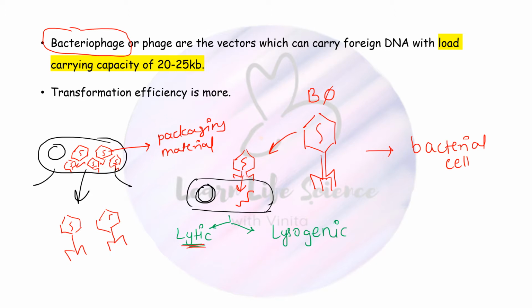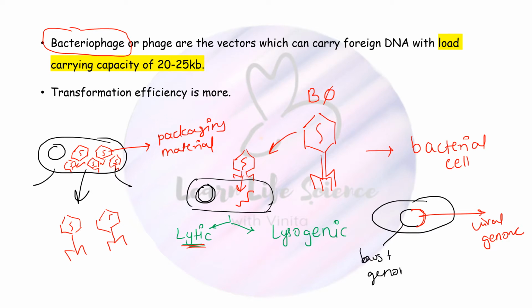What happens in the lysogenic pathway? There is integration of the viral genome into the host genome. The red color one is the viral genome. It gets integrated in the host, that is the bacterial genome. The reason for this integration is that when the area surrounding the viruses is unfavorable to survive, then the pathway is lysogenic. But when the environment is favorable, they carry out the lytic pathway.